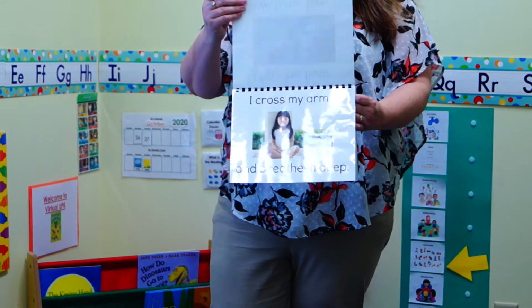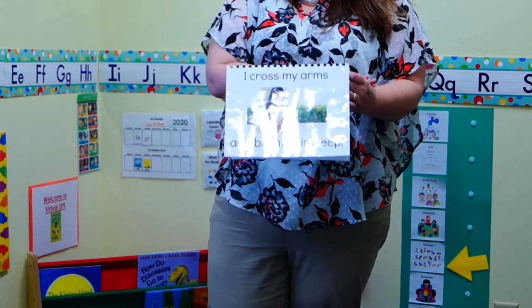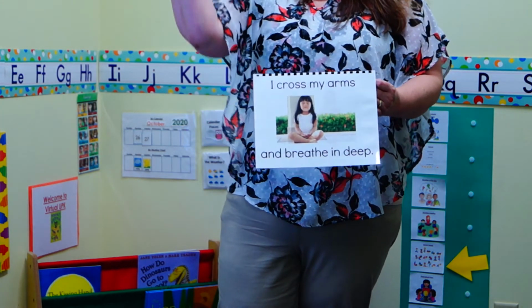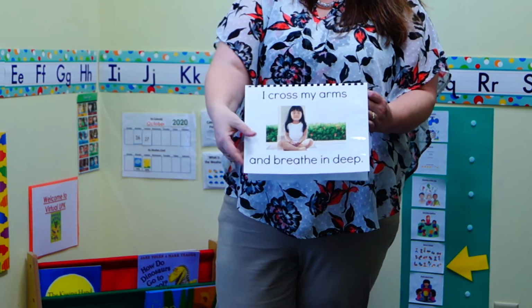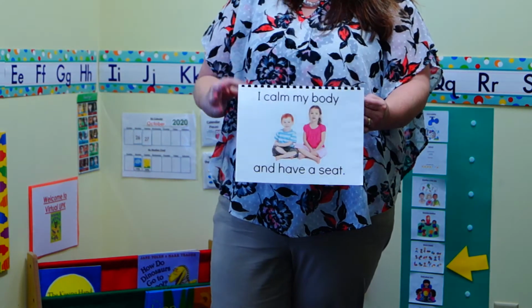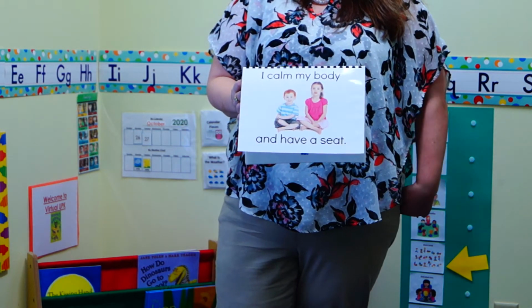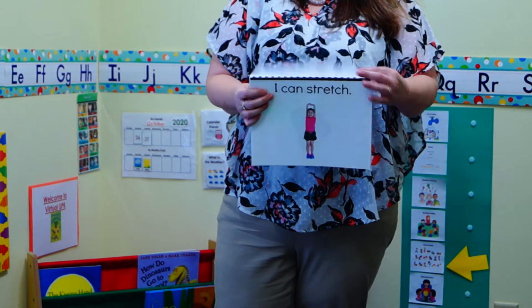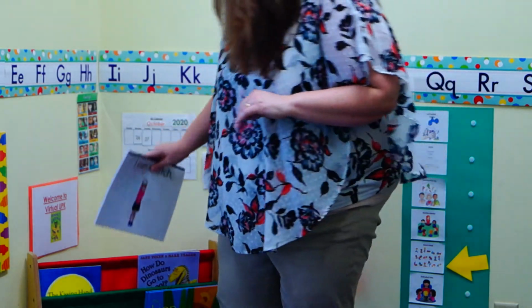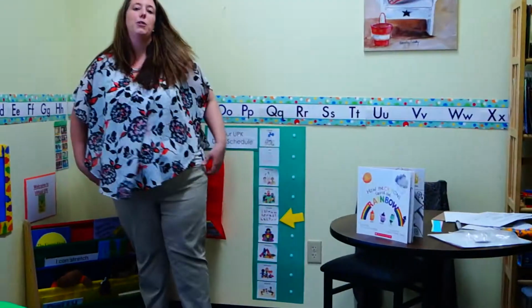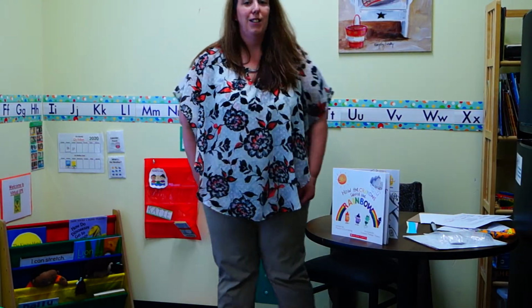I can cross my arms and breathe in deep. I calm my body and have a seat. All right, if you're ready for our story, we'll read it now. If not, you can always rewind and go back to the stretches.